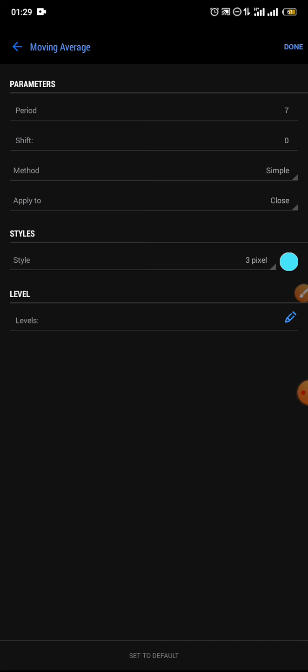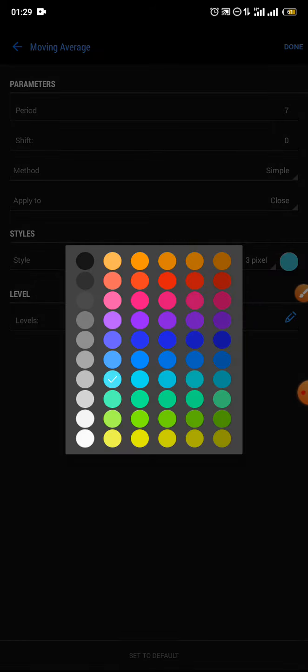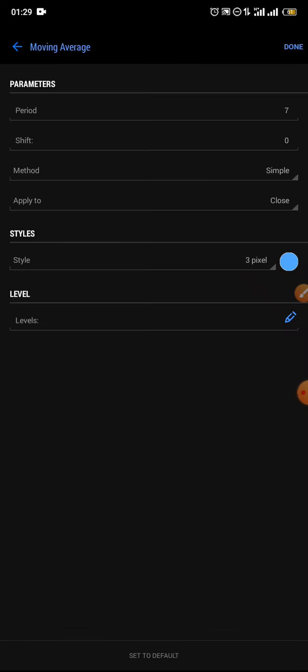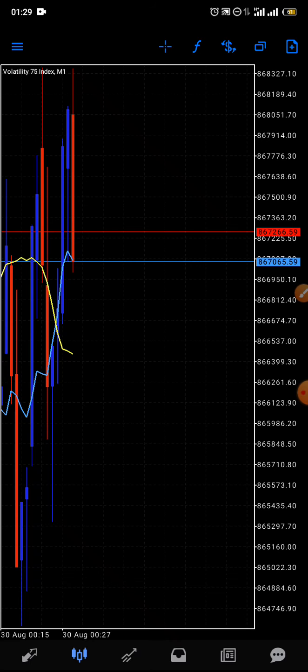You can take a screenshot of this so you can set yours exactly this way. Period 7, shift 0, method simple, apply to close, style 3 pixel. I set mine to light blue so I can see it clearly. Okay, let me set this. Levels nothing, leave it that way, done.